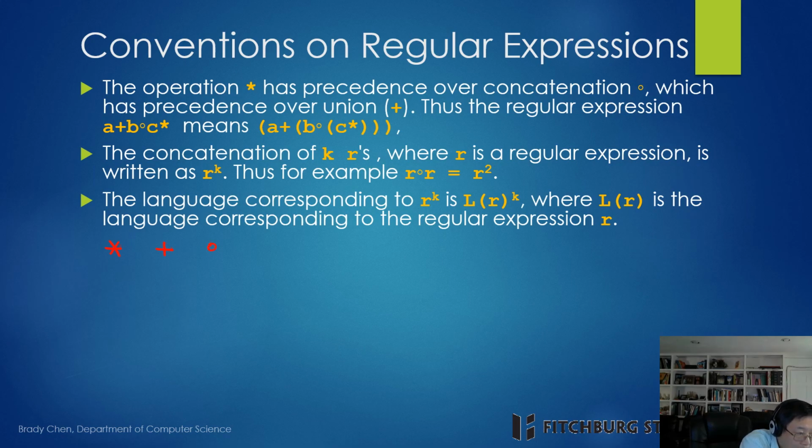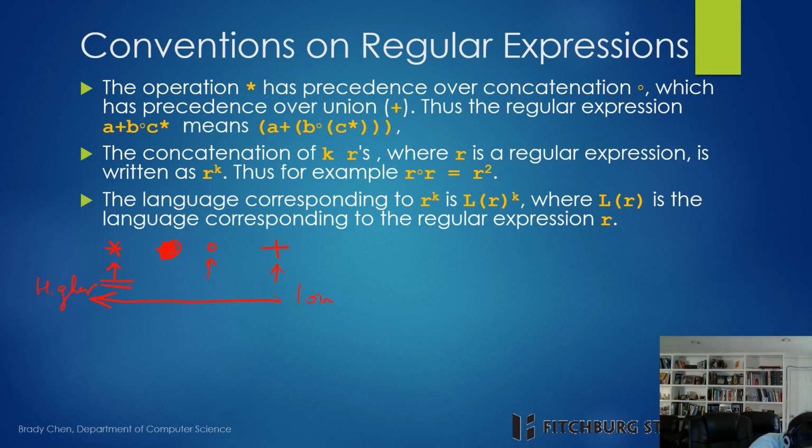Based on the convention, the operation asterisk or star has precedence over concatenation, which has precedence over union. Actually, I'm getting it wrong. Star is the highest one, and the next one is concatenation, and then the union. So that's the precedence.